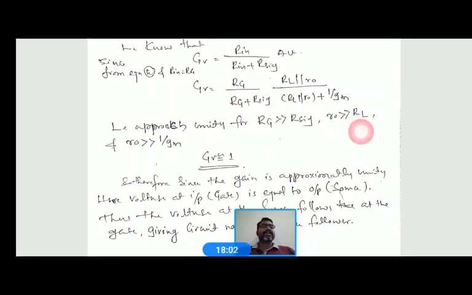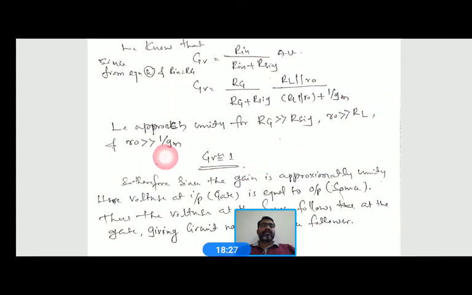If R naught is greater than RL, this equation becomes RL divided by RL plus 1 by gm, right?